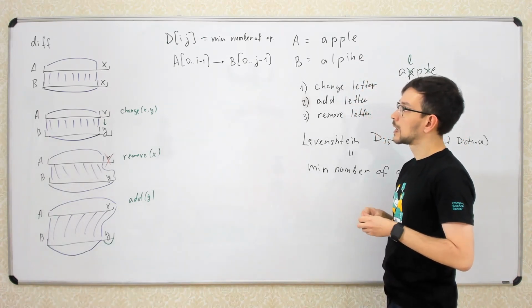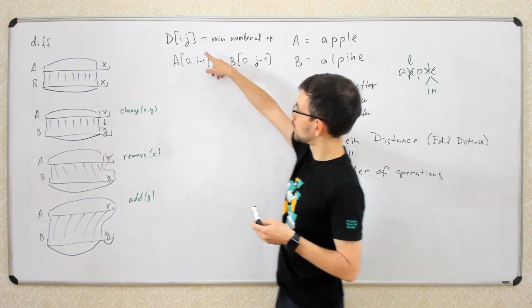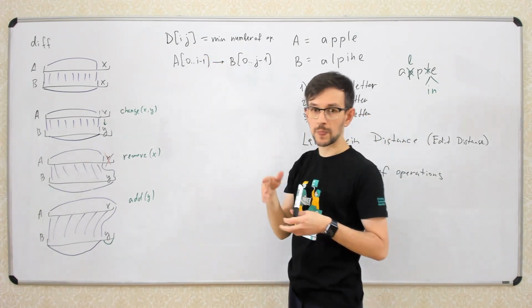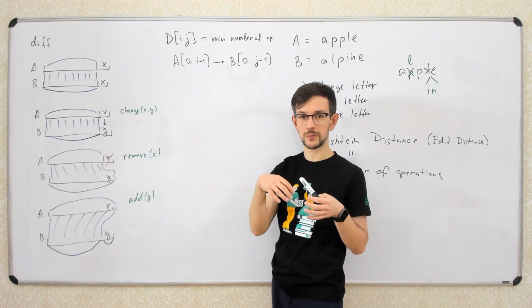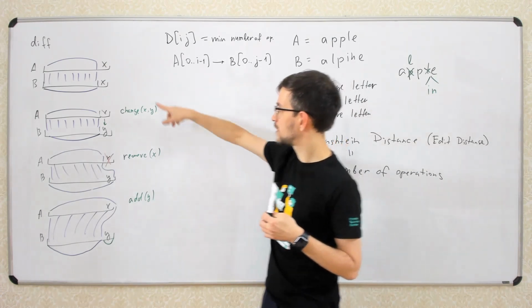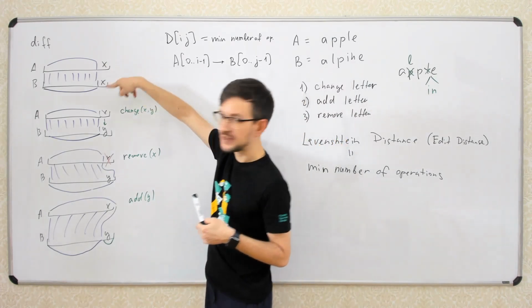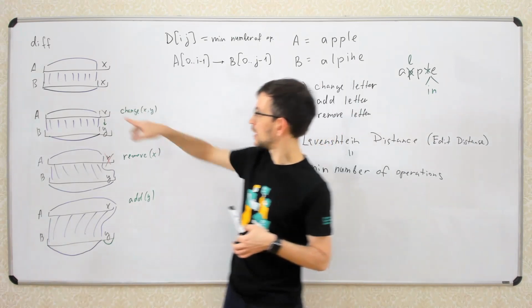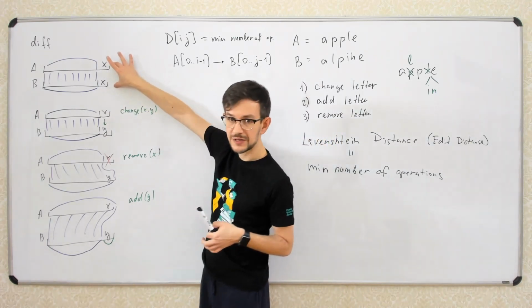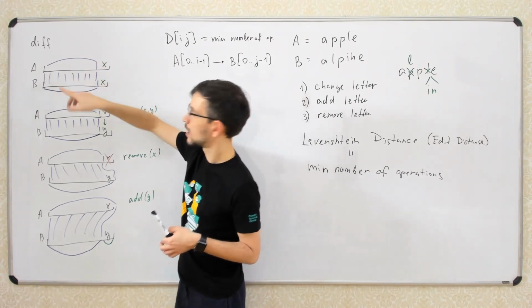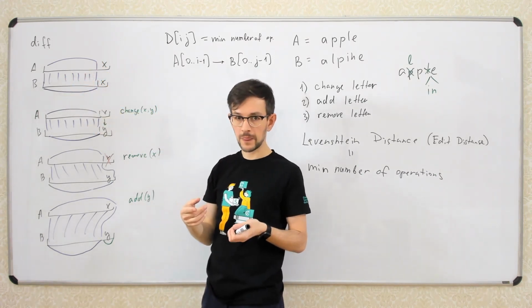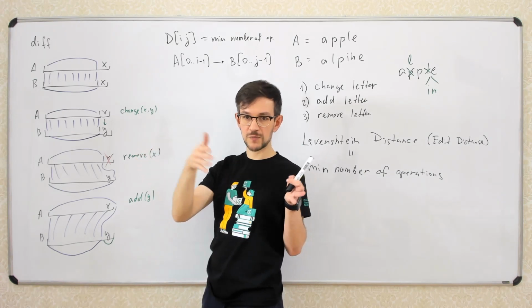Now, we'll try to solve all the problems like this. And by solving, I mean we will use the solution of the smaller problems. For example, what happened here? If the last character is the same, then we may leave this character at this place and then create this string from this string. It is the same problem, but of size decreased by 1.